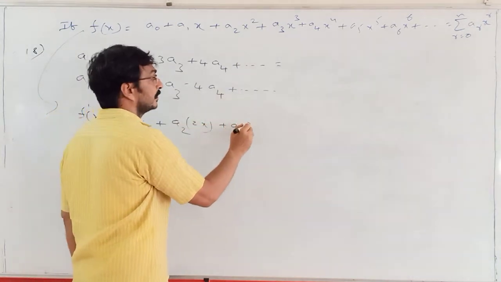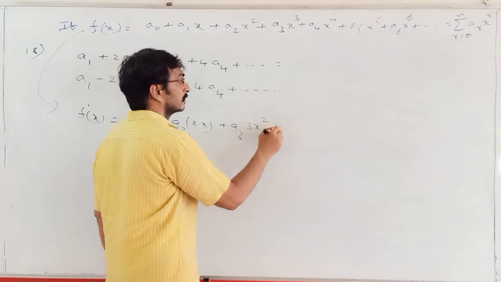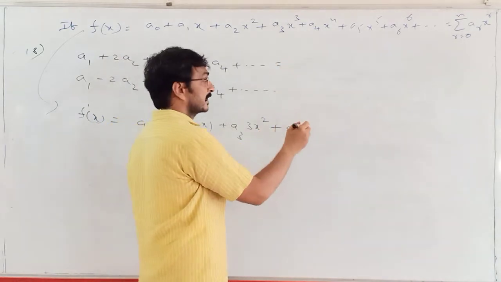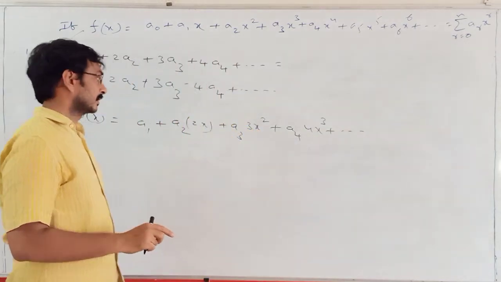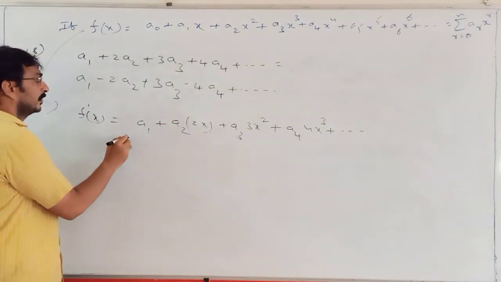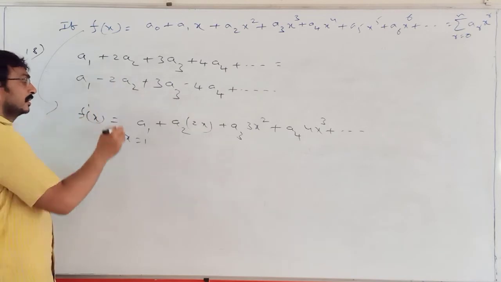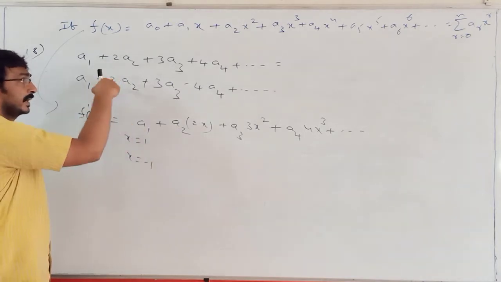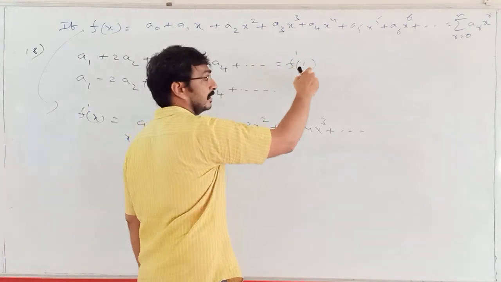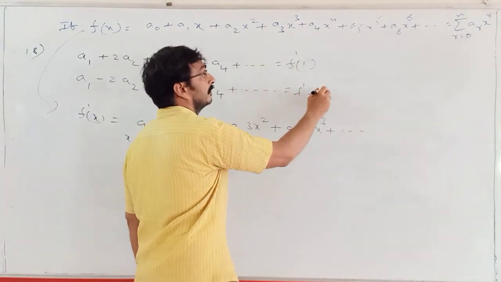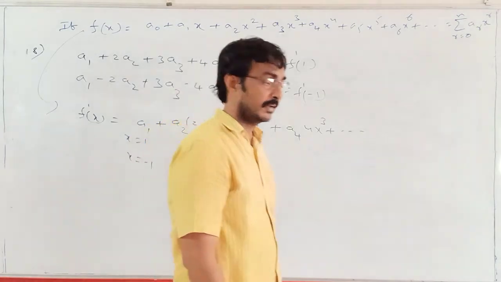Derivative of x cube is 3x square. Derivative of x power 4, 4x cube and so on. Now put x equal to 1, get the first one. Put x equal to minus 1, get the second one. Therefore, formula for this f dash 1, formula for this f dash minus 1.